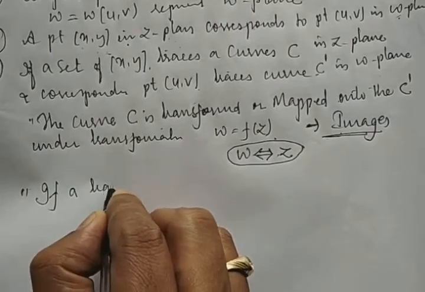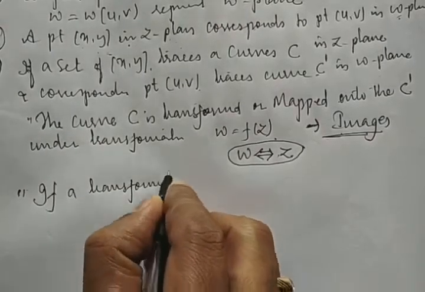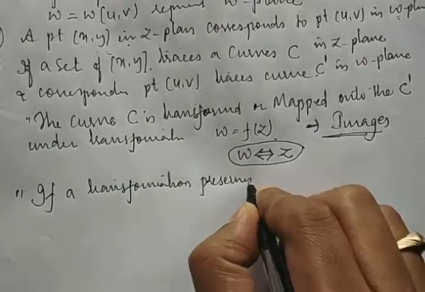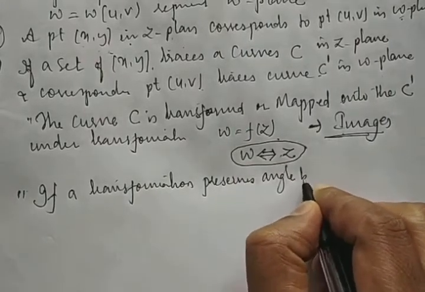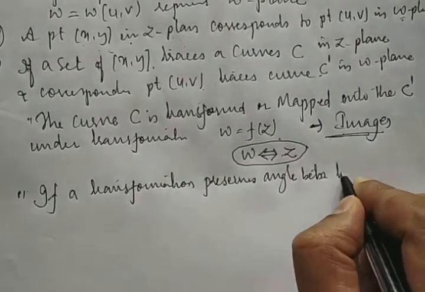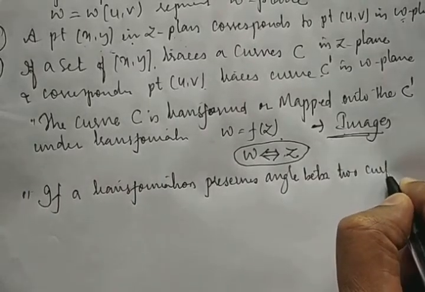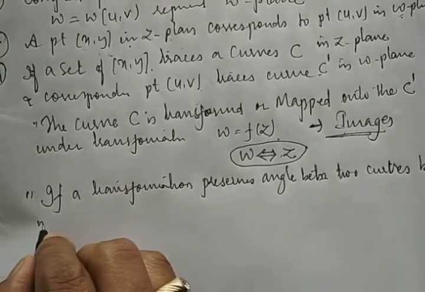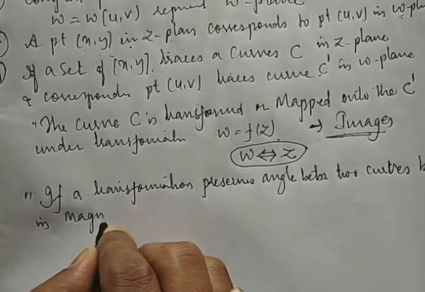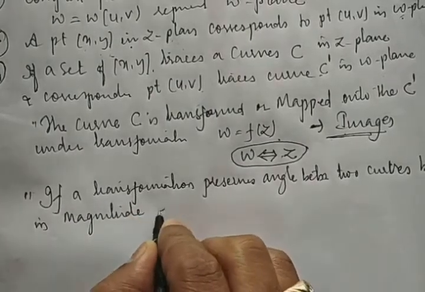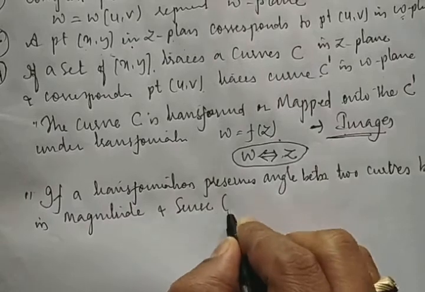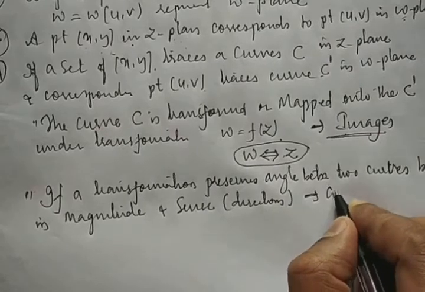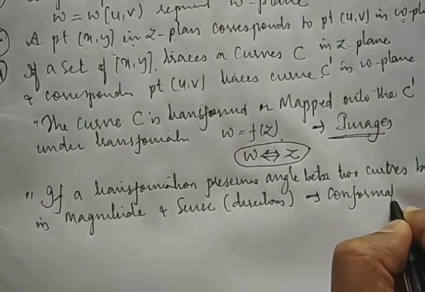If the transformation preserves the angle between two curves, both in magnitude and sense, where sense means direction, then this type of transformation is called a conformal transformation.